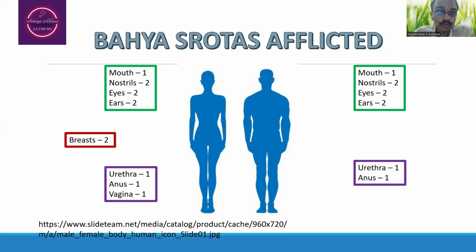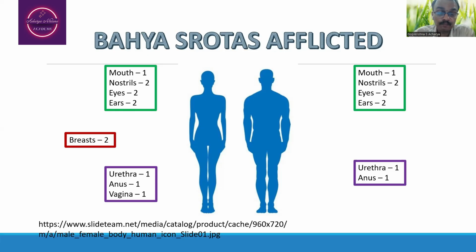If the exposure of pathogen is happening through the eyes, then there may be itching around the eyes, watering from the eyes, redness of the eyes, etc. If the exposure is to the ears, the person may have itching around the ears, or abnormal discharge through the ears.